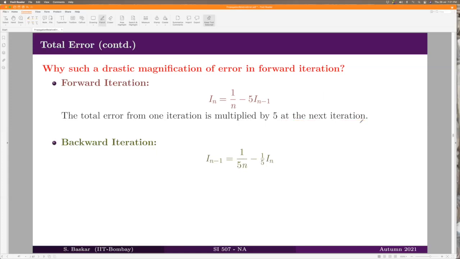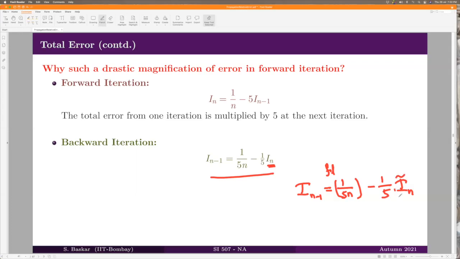Now coming to the backward iteration, what is happening? The idea is more or less the same. Your I(n-1) is computed with the help of 1/5 of I(n). Well, there may be a floating point approximation here also, but let us just take only this into consideration and see how it goes. 1/5 times I(n) you are supposed to put, but your computer must be putting I(n) tilde.